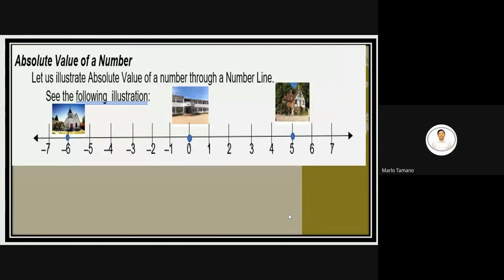Absolute value of a number. Let us illustrate absolute value of a number through a number line. See the following illustration. We have here -6 corresponds to a church. You can see the church at point -6.